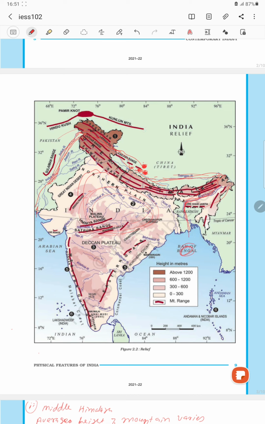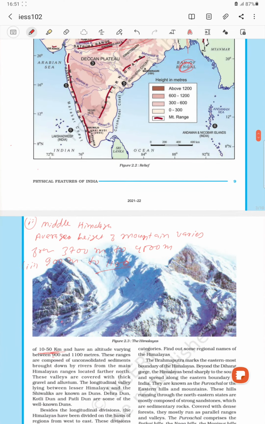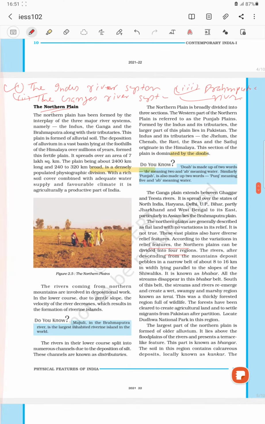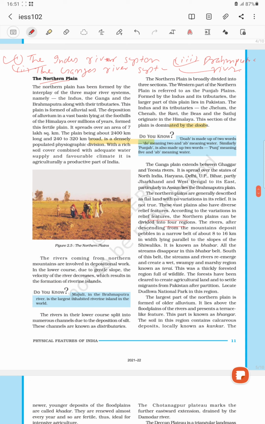Here are Alaknanda and Bhagirathi, two rivers that confluence at Dev-Prayag, and then it becomes the Ganga. So these three river systems help to create the northern plain, with the deposition of alluvium.